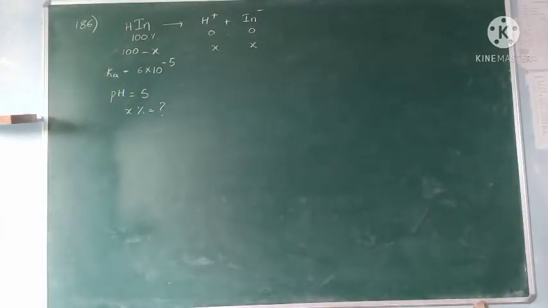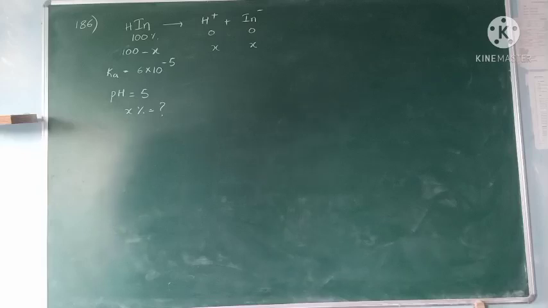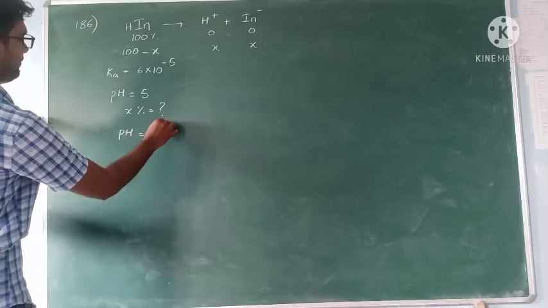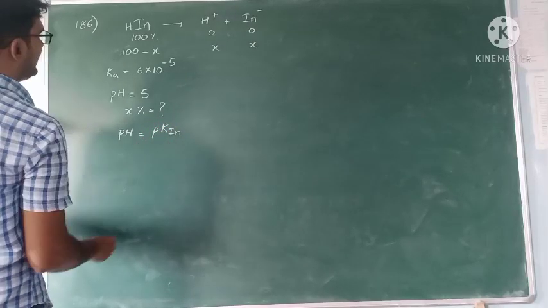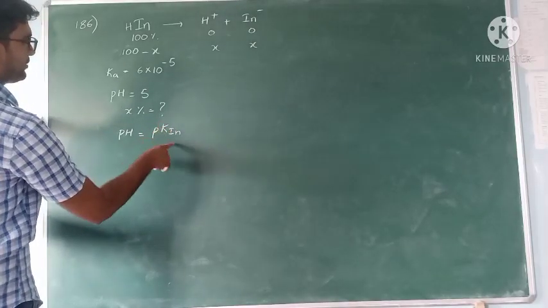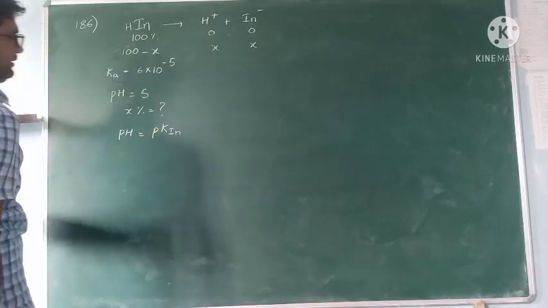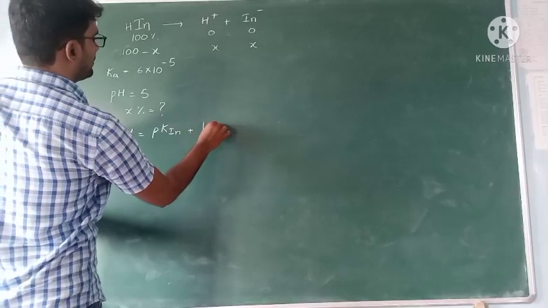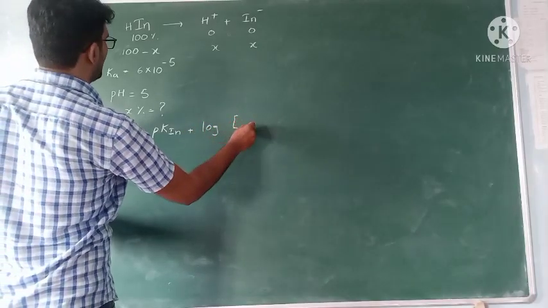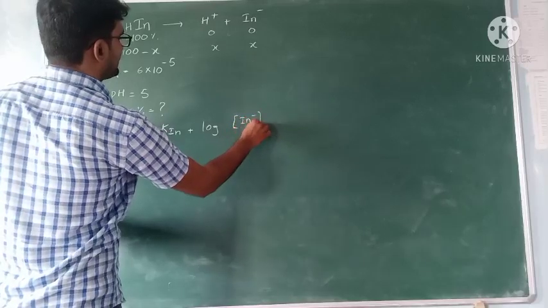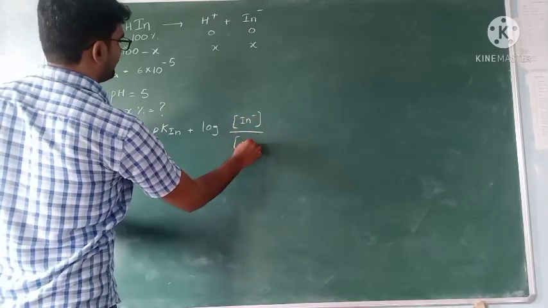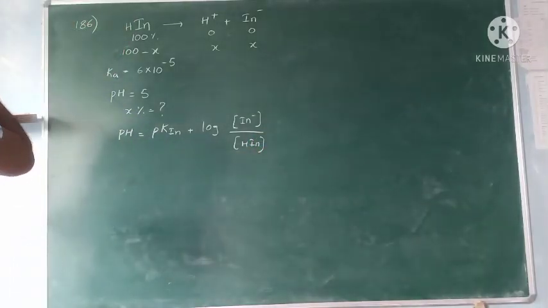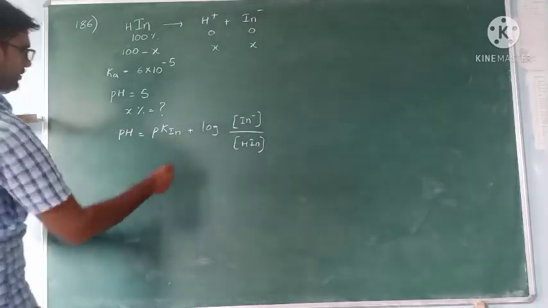We know how to calculate this type of problem: pH is equal to pKin plus log concentration of In minus by concentration of HIn. pKin means indicator constant, and K is given already. Both ways are the same, but one simple trick is there for this problem.